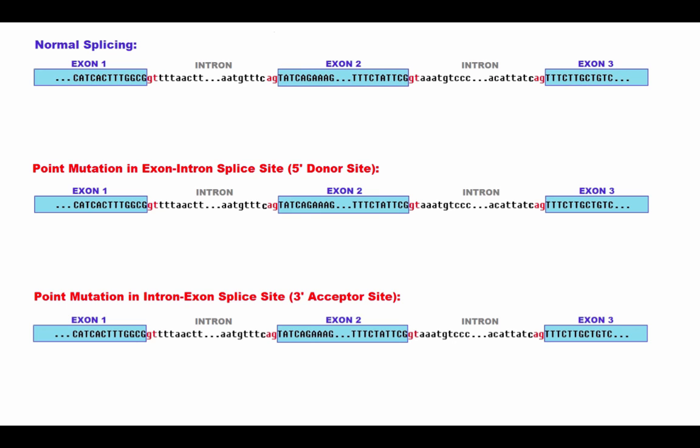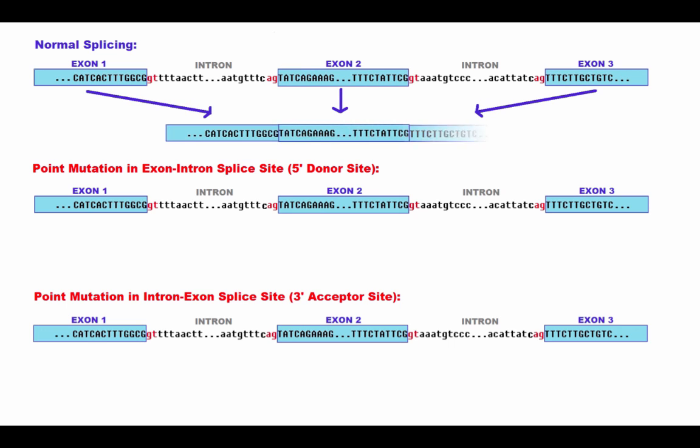On the animated sequences, first we see that the point mutation results in the elimination of the exon intron splice site. Oh, and by the way, up at the top we have normal splicing shown, so we'll just add that in like we did before. You're all familiar with the way splicing is supposed to work on this beta globin gene. But now we're going to turn our attention to a point mutation in the exon intron splice site, or 5' donor site.